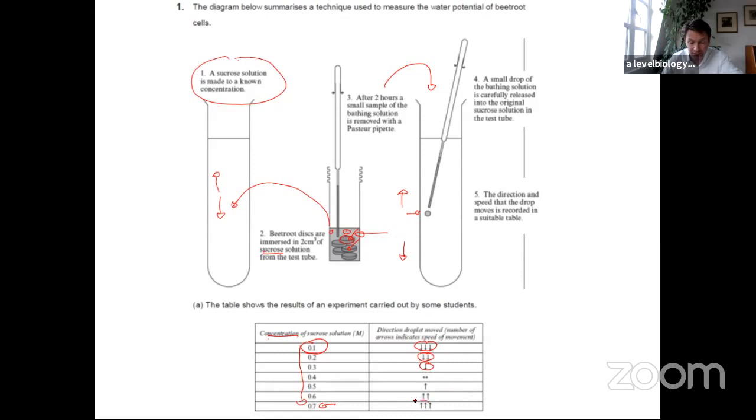Now, when you put it into 0.7 molar sucrose, so if you take a disc and it was in 0.7 molar sucrose, well, at that point, the water has moved out, making the surrounding solution more dilute because it got more water in it, because the water's come out of the beetroot cells, because the 0.7 molar sucrose is a hypertonic solution.